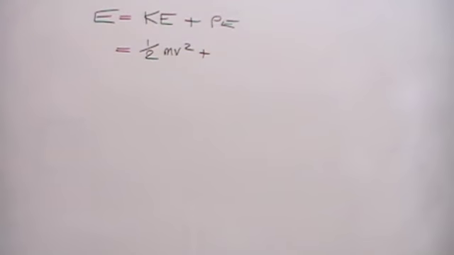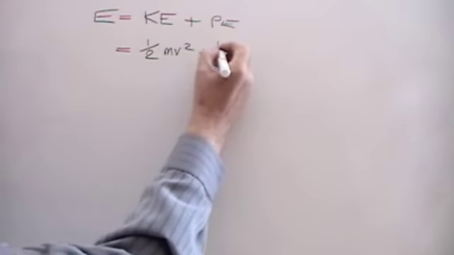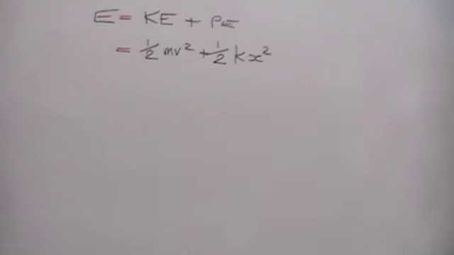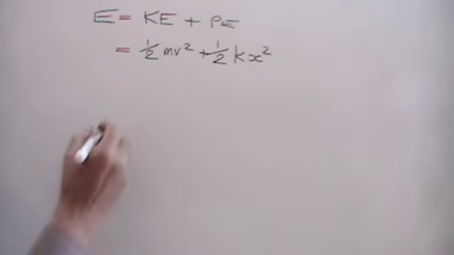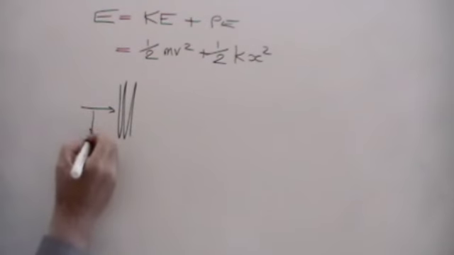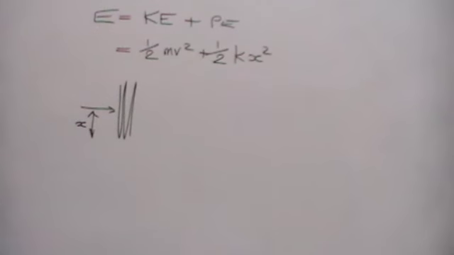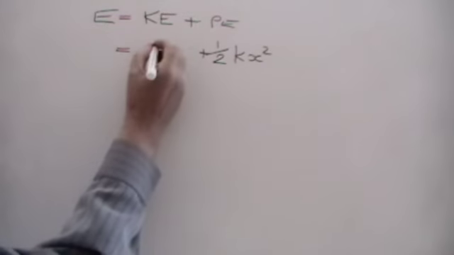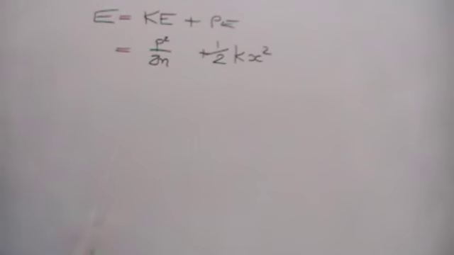And when we think about the spring, the potential energy of a spring is a half kx squared, where k is the spring constant and x is the extension away from the mean position, when you've got the spring oscillating up and down about the normal. We can write a half mv squared, as we've seen before, as simply p squared over 2m, where p is the momentum.